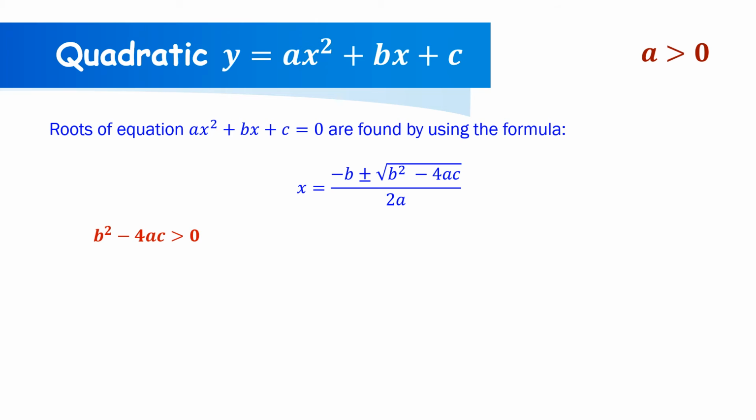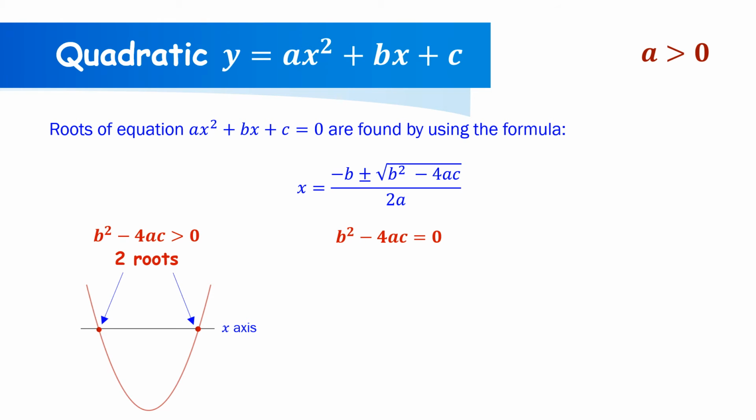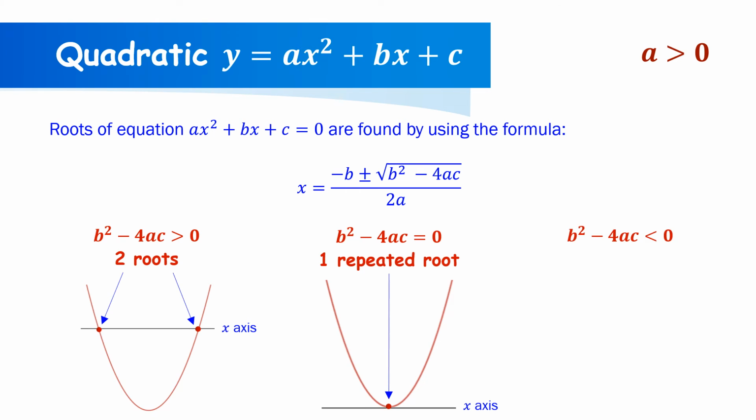When b squared minus 4ac is greater than 0, we have two real roots. When b squared minus 4ac equals 0, we have one repeated root. And when b squared minus 4ac is less than 0, we have no real roots.